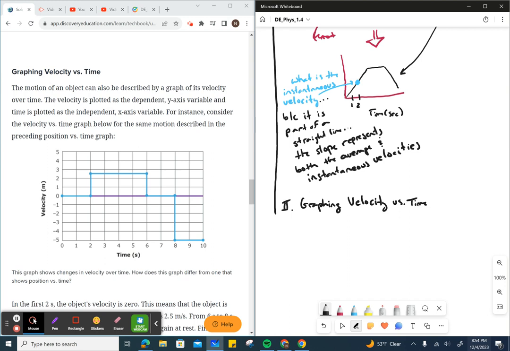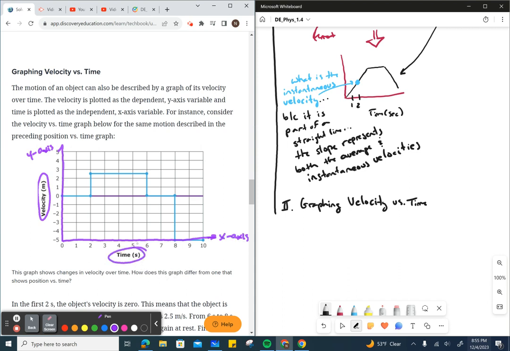Okay, so if you take a look on the y-axis, there's your velocity. This is your y-axis, right? And then you have your x-axis, and time is located on your x-axis, okay? And so graphing velocity versus time instead of distance.